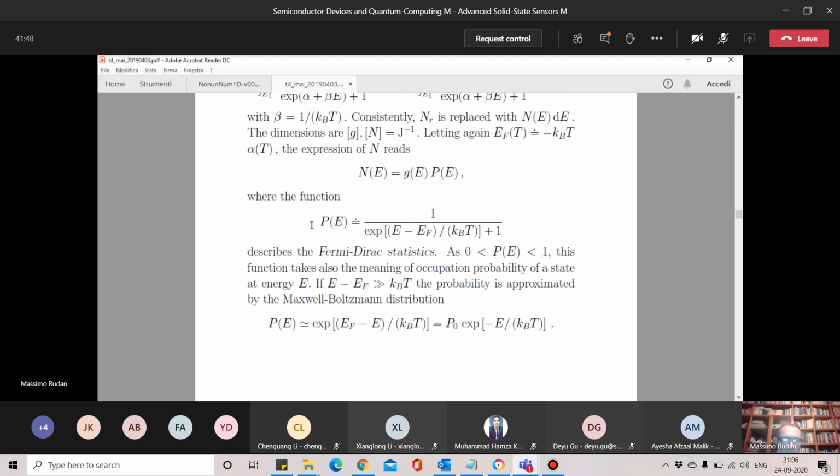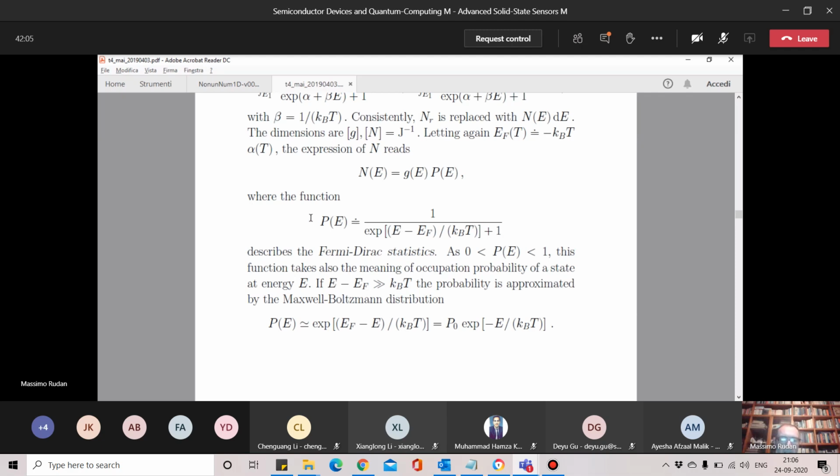So P of E is the probability that one electron in the system has energy equal to E. This is the meaning of this formula.